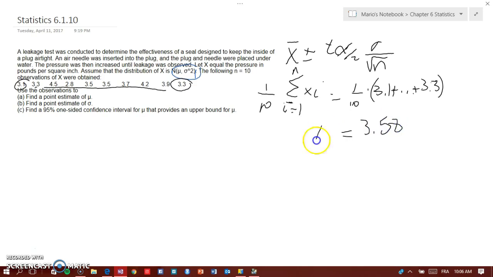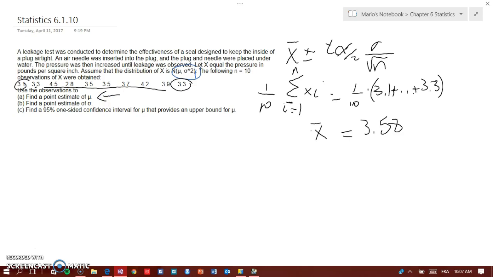So this is your x bar, and this is for the sample. So the sample x bar is 3.58. After you do that, this is your point estimate for mu.